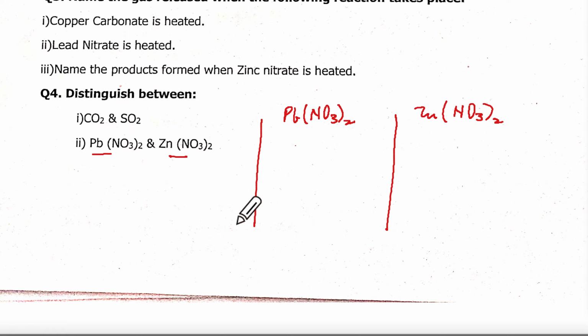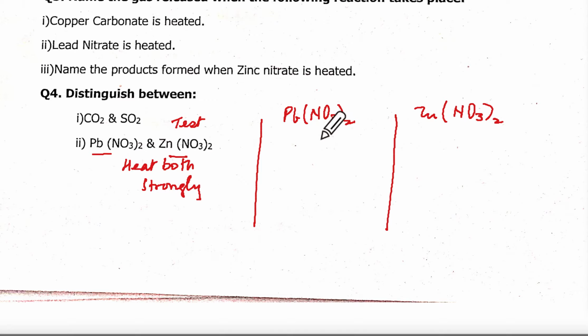Heat. So heated. You didn't mention it. If you don't mention heated strongly and say end products, you will get a 0. Tell me how you should frame your sentence here. Heat both strongly. Understanding? Yes, ma'am.